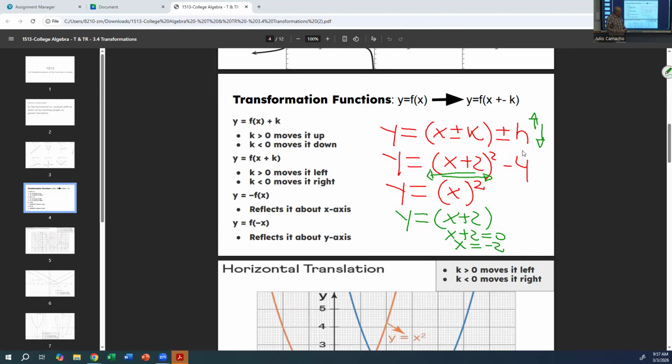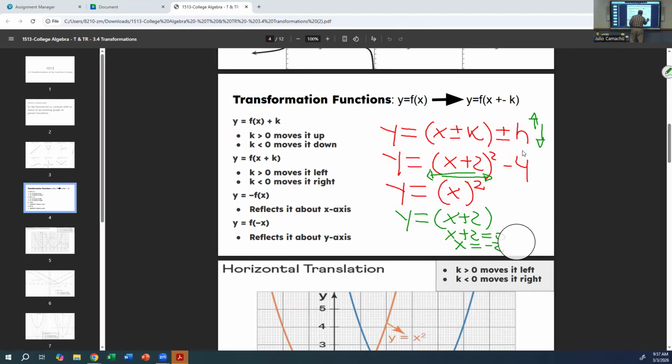So that means because it's negative 2, it went 2 spaces to the left. You understand? Copy that. Because you need to set it to 0, and if the answer is negative, it means it went to the left. If the answer is positive, it means it went to the right. How many units? What number do you have there? In this case, you have a 2, which means it went 2 spaces to the left. All right, I can erase that.